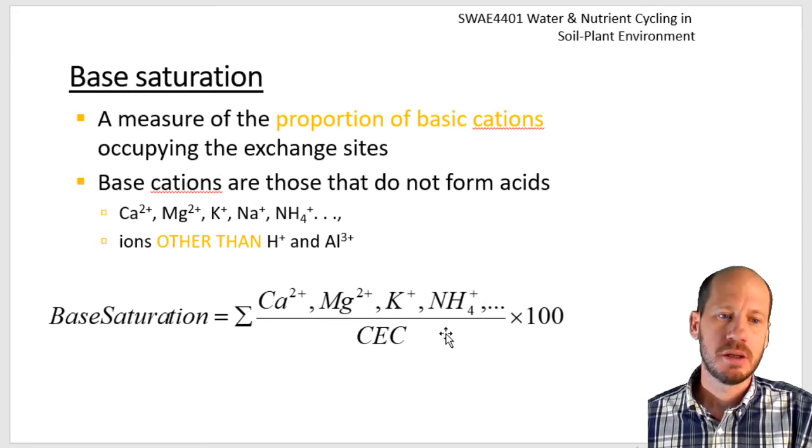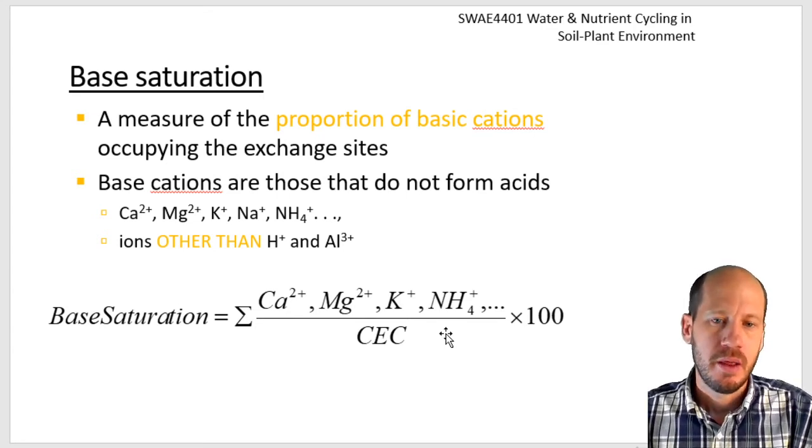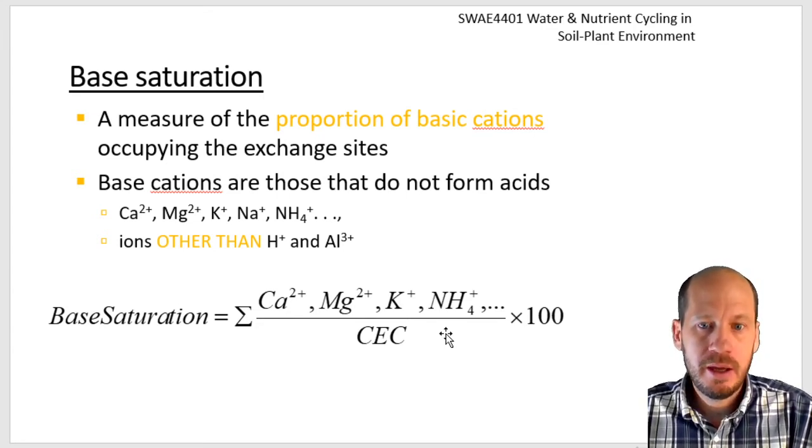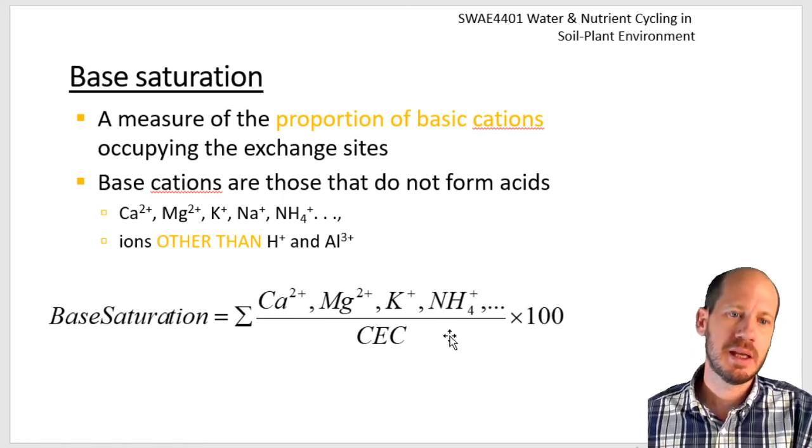Because of the reaction they have. When they leave the solid phase, do they increase the pH or do they decrease the pH? If they increase the pH, we call them bases. If they decrease the pH, we call them acid cations.